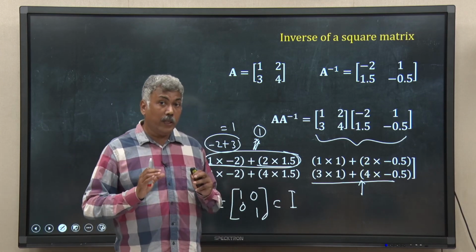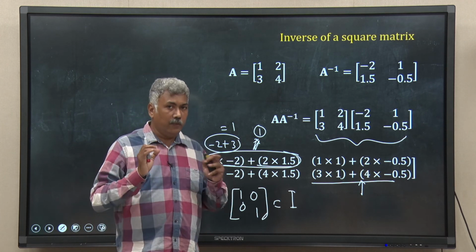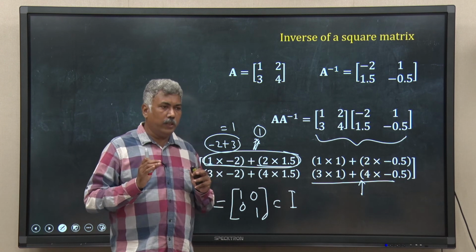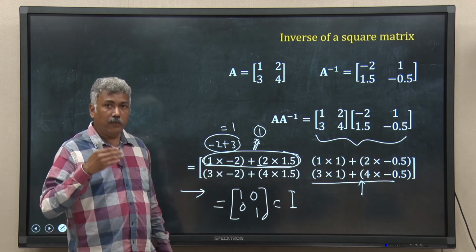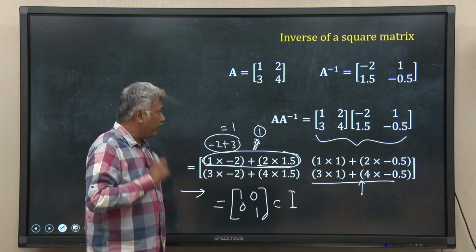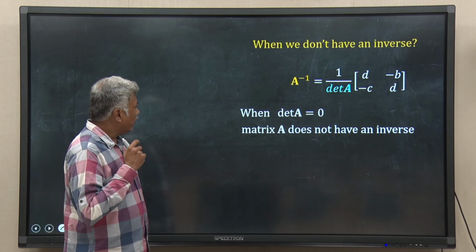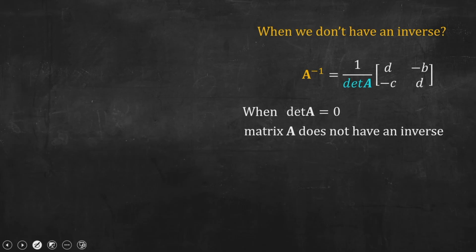So, now let us look into a particular property of this inverse. Let us look into the formula of calculating the inverse of a 2 by 2 square matrix and look into a particular issue. For a 2 by 2 matrix, by definition this A inverse is equal to 1 by det A into this new matrix.